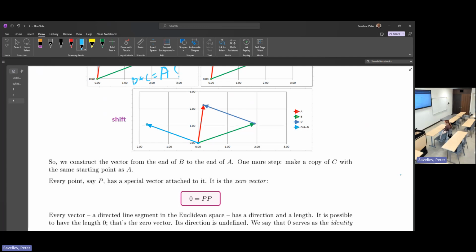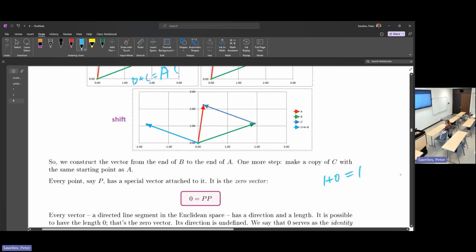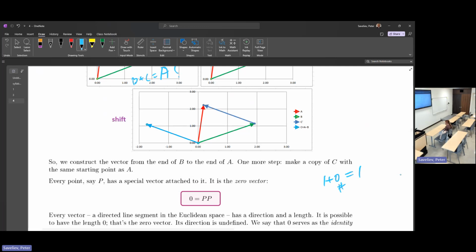Zero as a vector is not the same as zero as a number, because zero as a number is involved in a number of other operations. 1 plus 0 certainly makes sense when 0 is a number. But if this 0 is a vector, it cannot be involved in operations with numbers in that manner.